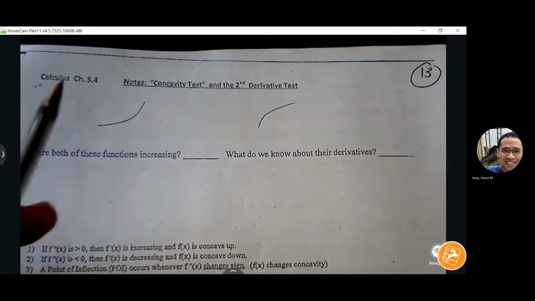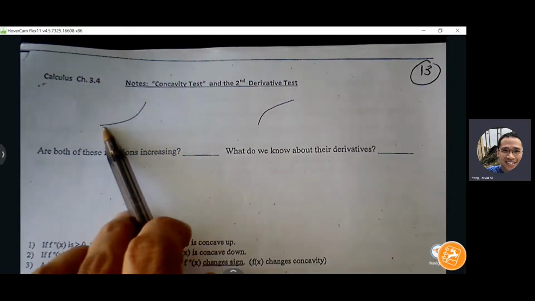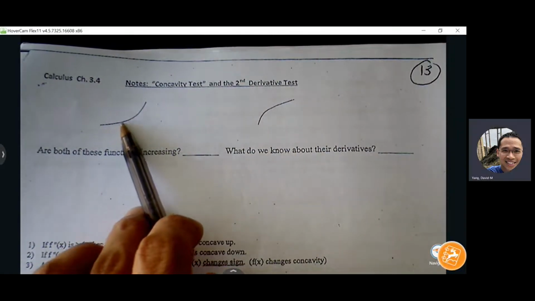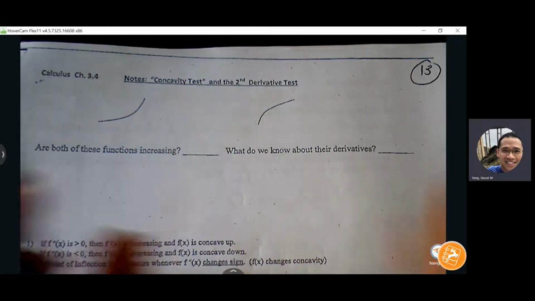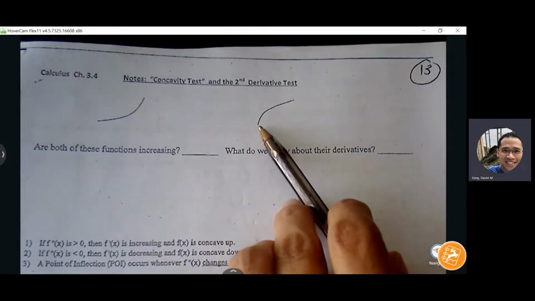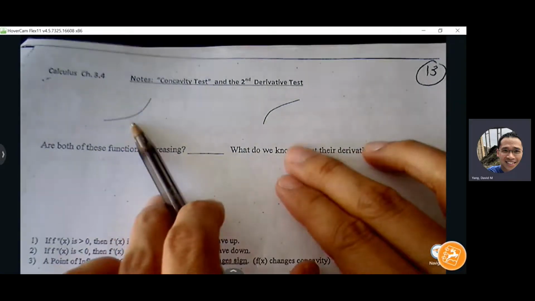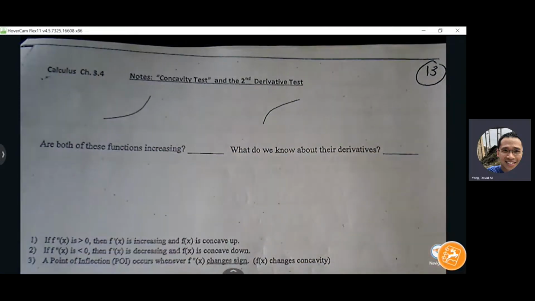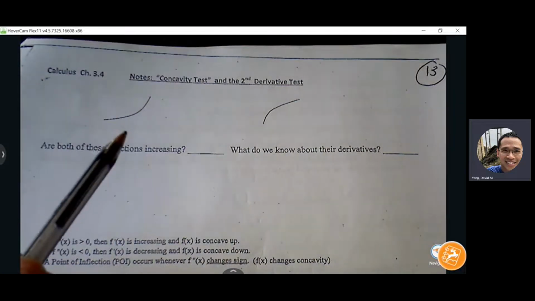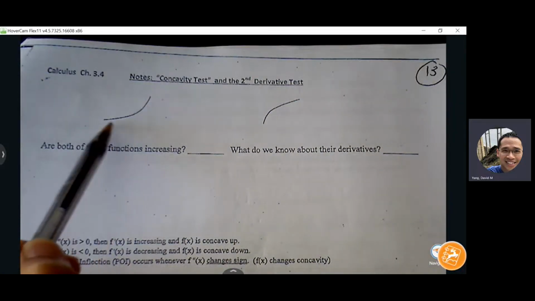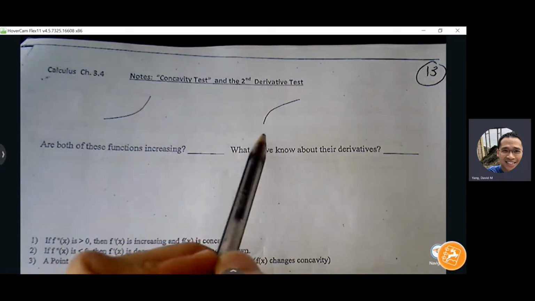So what do you notice about the slope here as you move from left to right? Increases. What about here? Decreases. So even though they're both positive slopes, if we dig a little deeper in terms of the rates of change, one is becoming more positive and one is becoming more gradual.